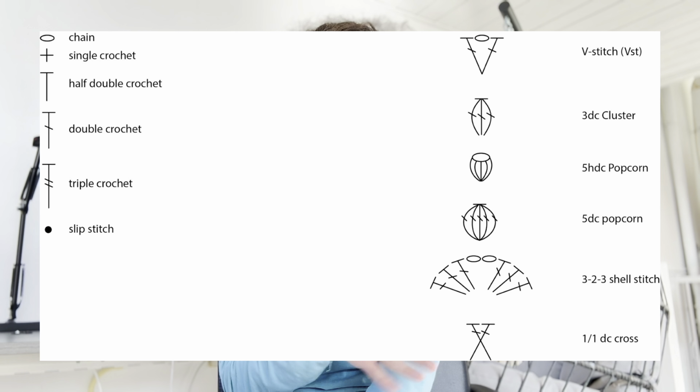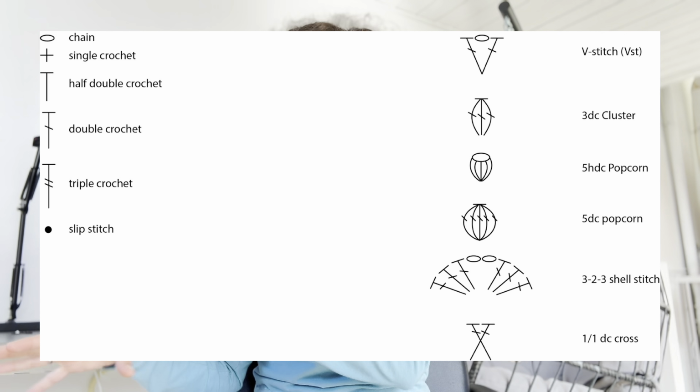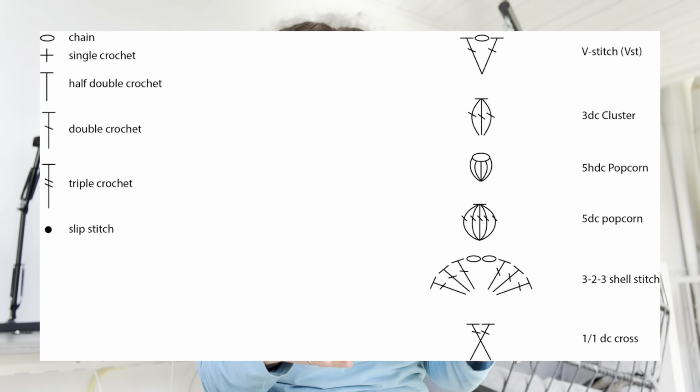Now on the right you can see a few stitches that are also well known, but are basically combinations of the most common stitches. If you play with these types of stitches and change them every round or every row, you can create beautiful stitch patterns.